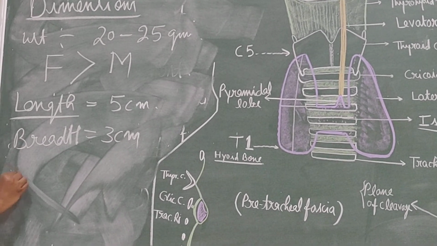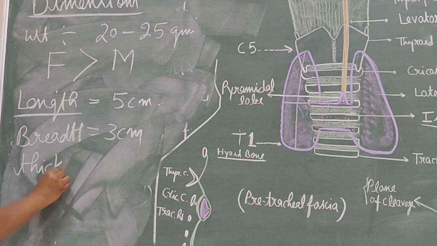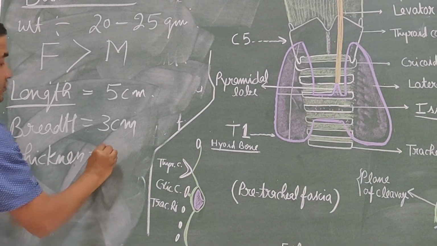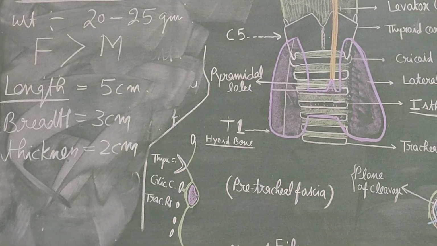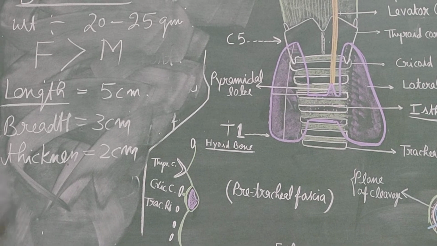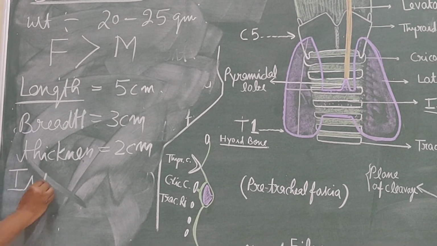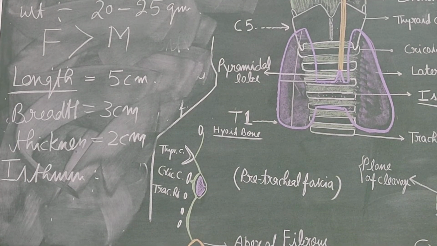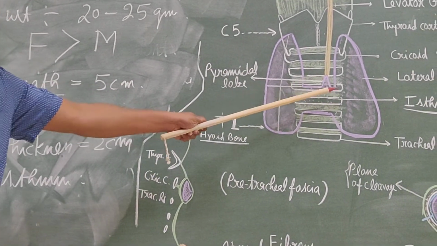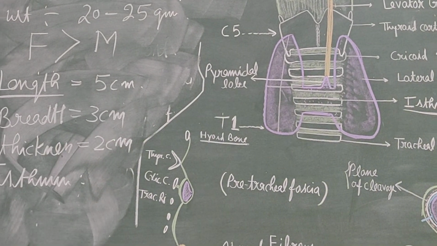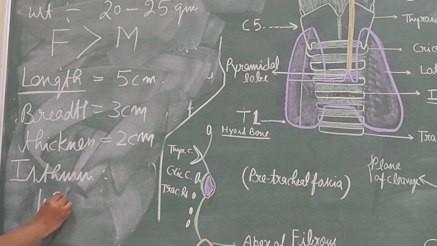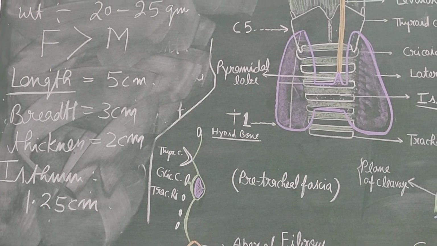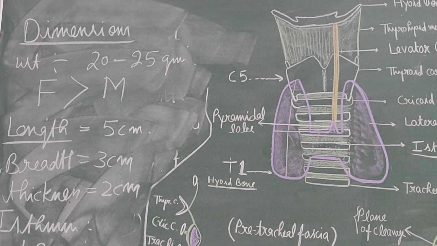And the thickness, the anteroposterior width, is about 2 centimeters. In the case of the isthmus, the length and the breadth are almost equal, about 1.25 centimeters. So these are the dimensions of the thyroid gland.